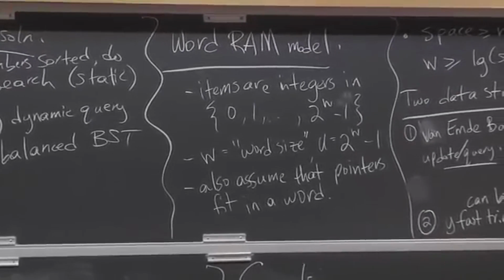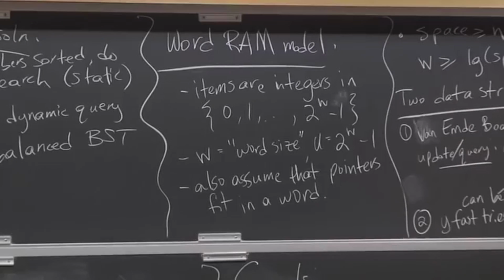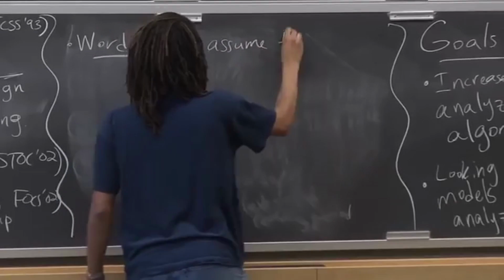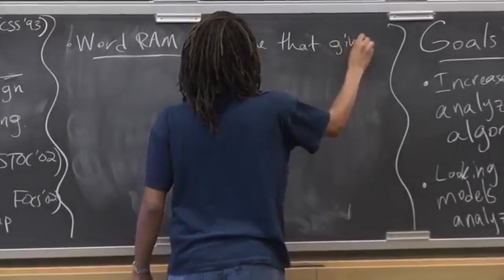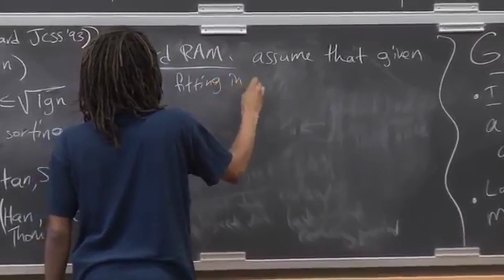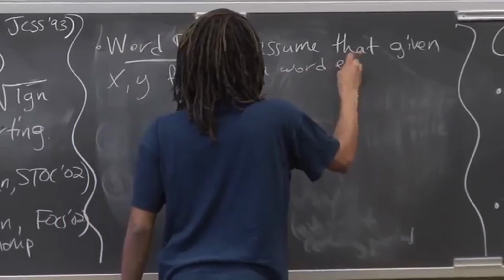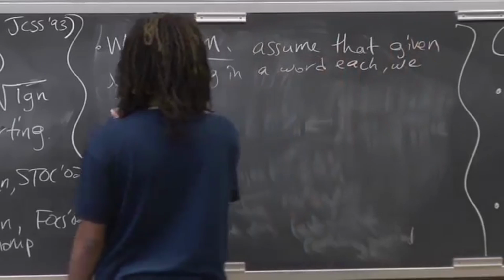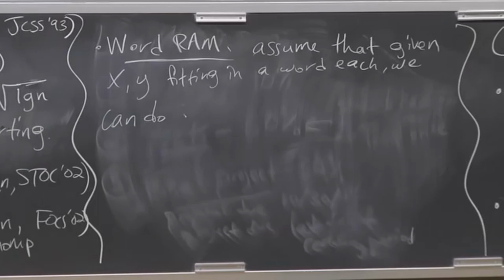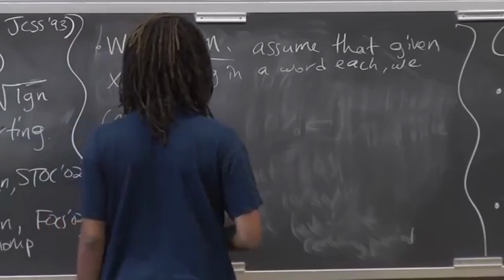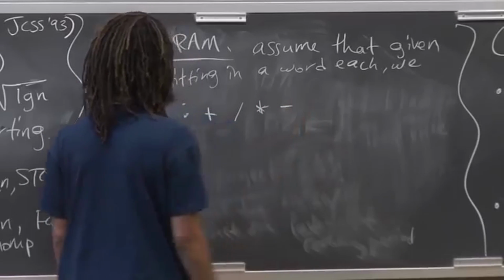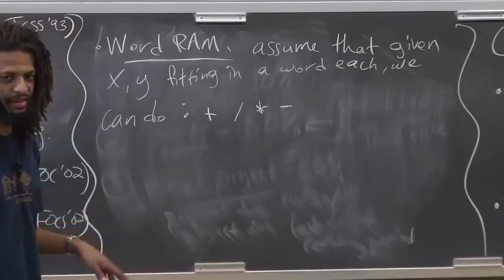So in word RAM, assume that given x, y fitting in a word, we can do basically all the things that you can do in, say, C. So you can do integer arithmetic, so plus, minus, divide, times. And this is integer division, so it rounds down.